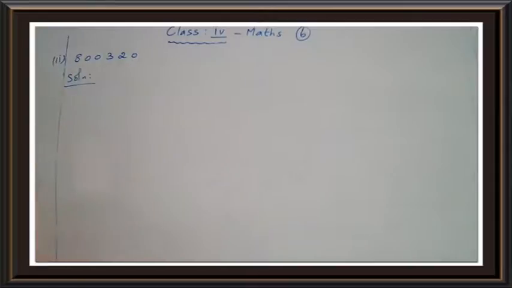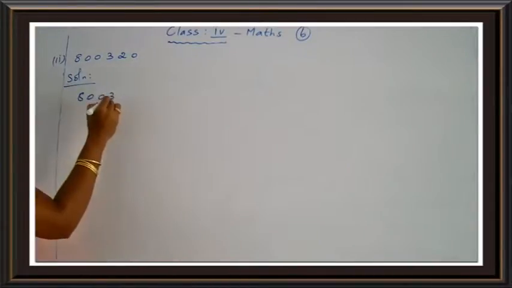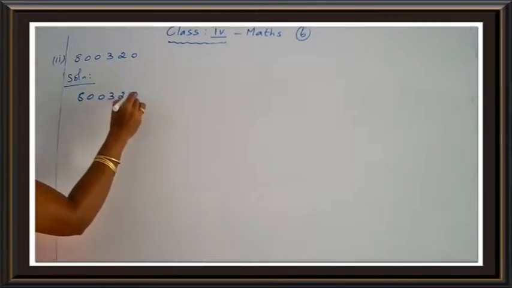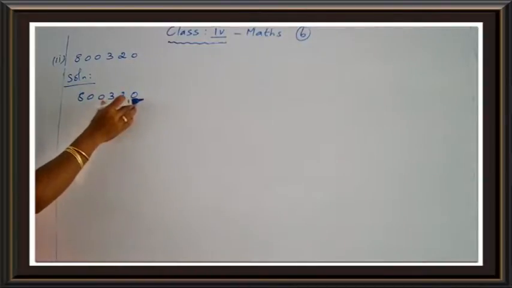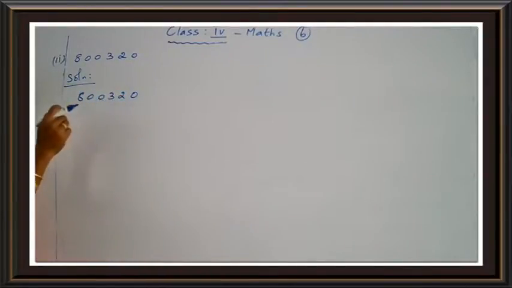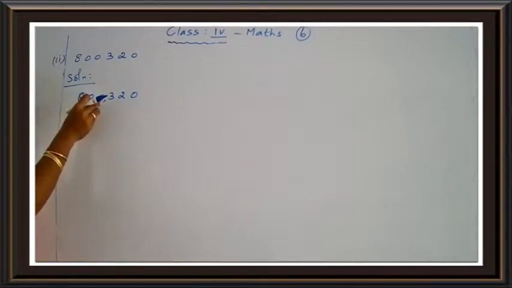So first of all you mark the periods, okay? Your question has no commas. So you mark the periods, okay? First period is ones period. So ones period consists of 3 places, okay? Ones, tens, 100. Then after, thousands period consists of 2 places, that is 1000 and 10,000. Then after, lakhs period, okay?